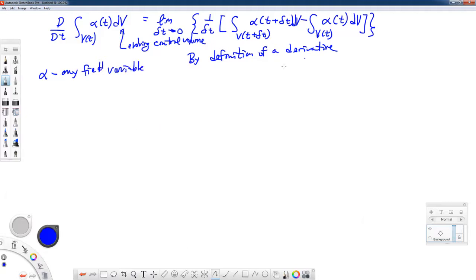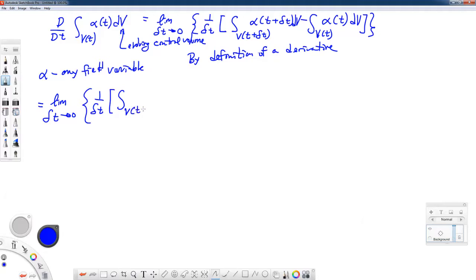Right, so let's work with this right-hand side a little bit more and leave plenty of room. So we have the limit as delta t goes to 0. I'm going to rewrite this slightly, and we'll find out why, but I'm going to add and subtract some like terms. The first bracket is going to have the first term in it.